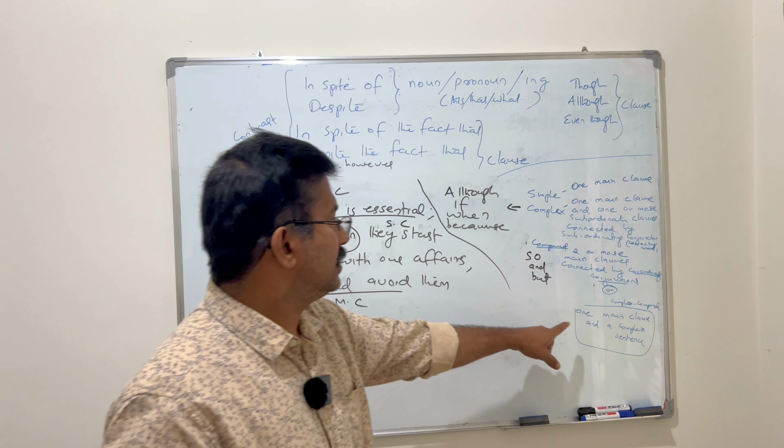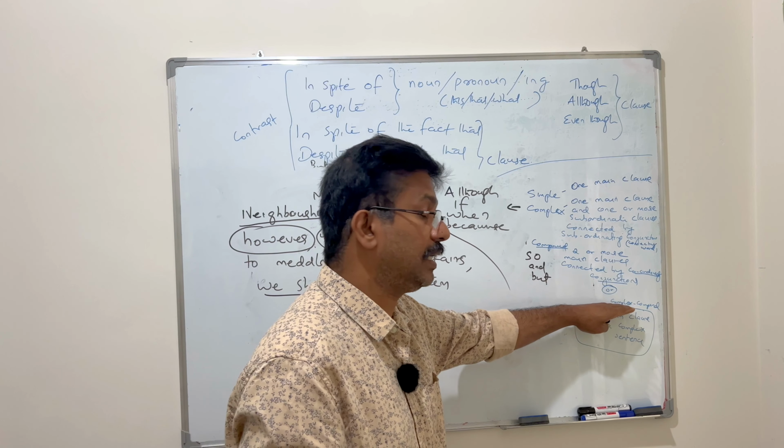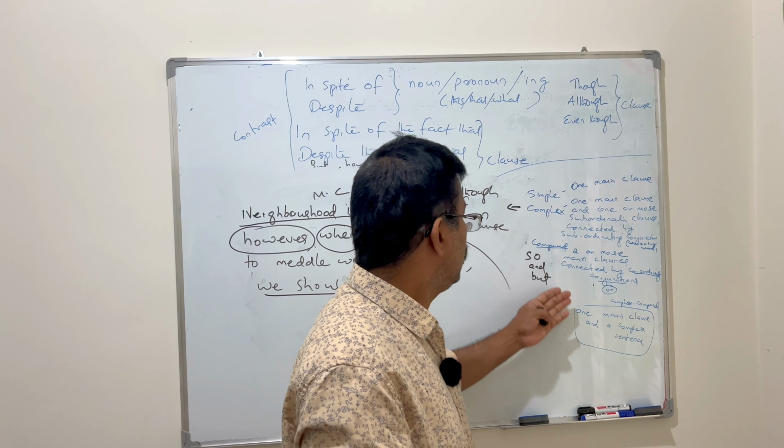Look at the second definition of a compound sentence. It is also called a complex compound. It can have one main clause and a complex sentence. Look at this. "Neighborhood is essential" is one main clause. And the second main clause is "we should avoid them".